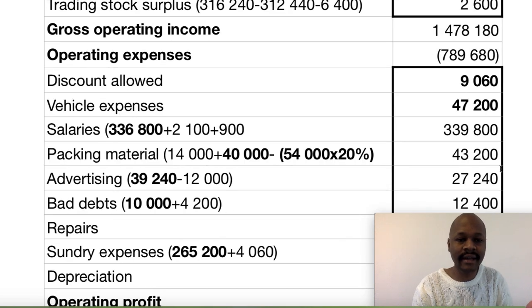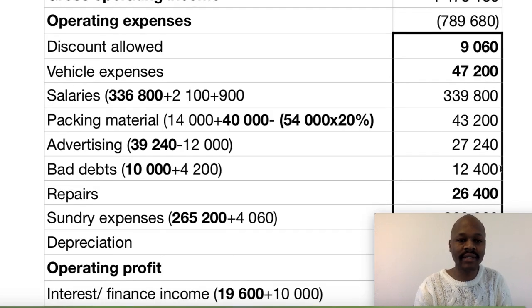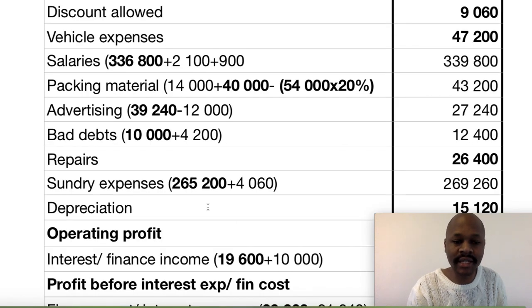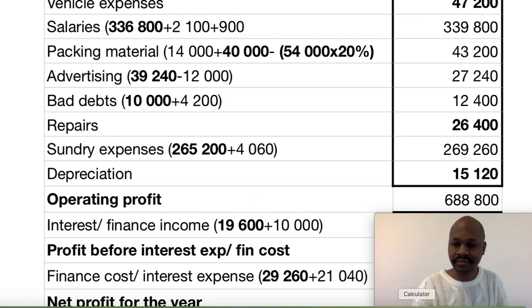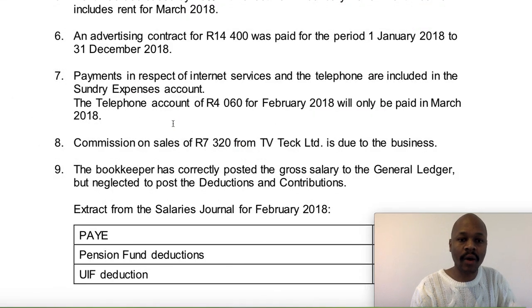We have done packing material, we have done advertising, we have done sundry expenses, we have done bad debts, we are given repairs, we are given discount allowed, vehicle expenses, we need to do salaries, that will be it. Then depreciation is also given. Let's go to our question paper.